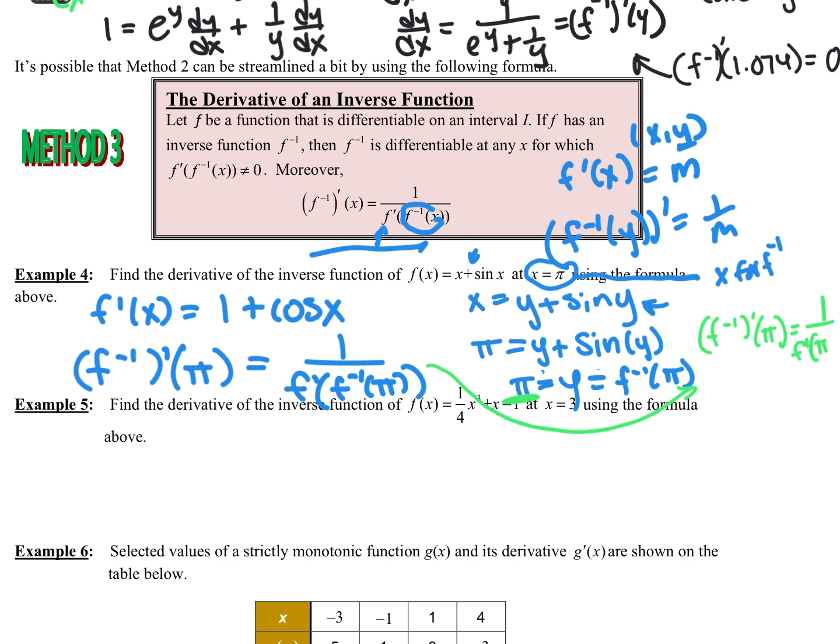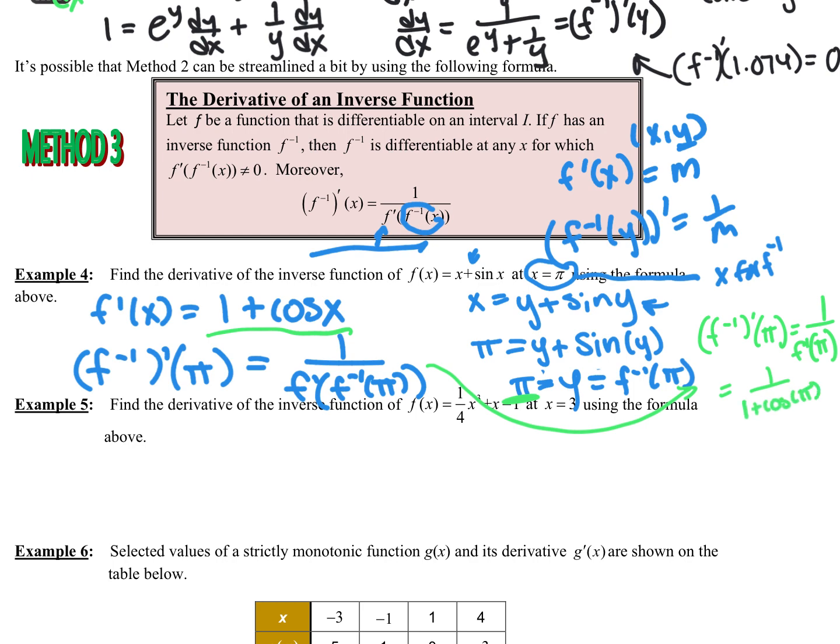So that'll be actually equal to f prime of pi. So both the x and y values are pi here, so it's a little confusing on this one. And then we already found what f prime was. That was this guy here. So we just need to plug that in there. So it'll be 1 over 1 plus cosine of pi.